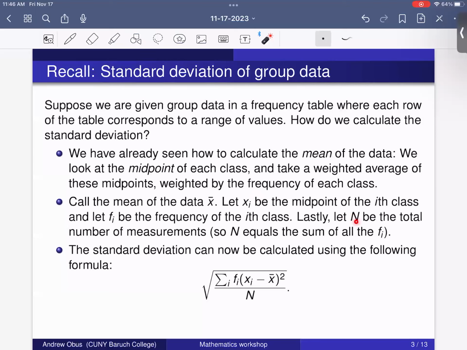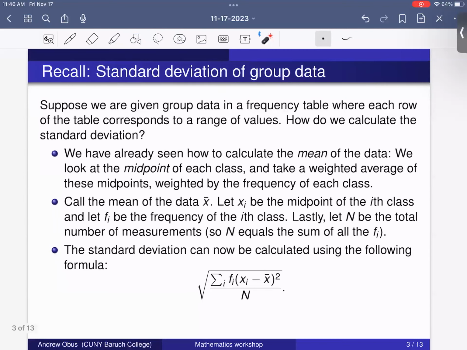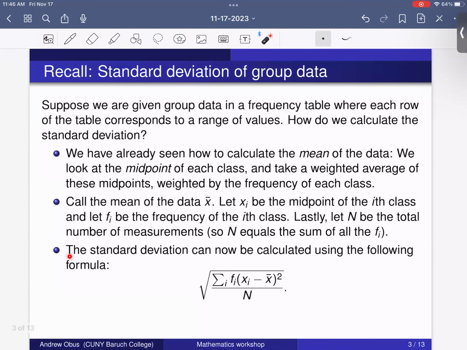And then we have the total number of measurements, which we found to be 666. So the standard deviation can now be calculated using the following formula. This is the sum over all the classes of fi, the frequency, times the difference between that class value and the mean value squared. Once you've taken that sum, you divide the whole thing by n and take the square root.